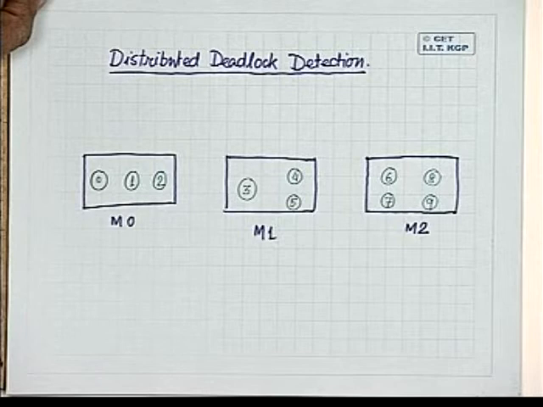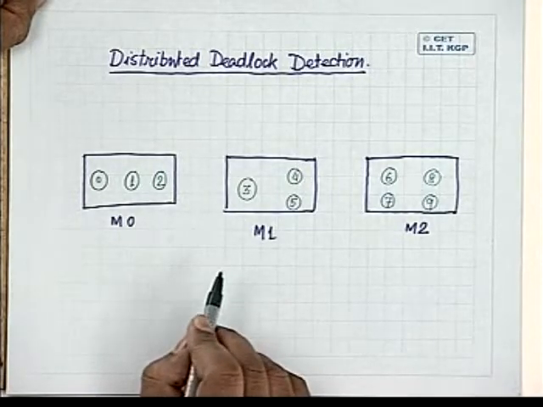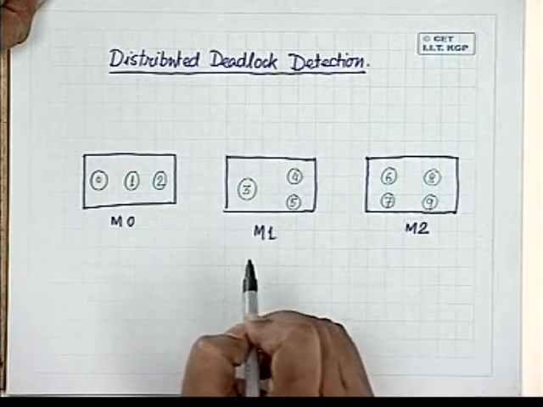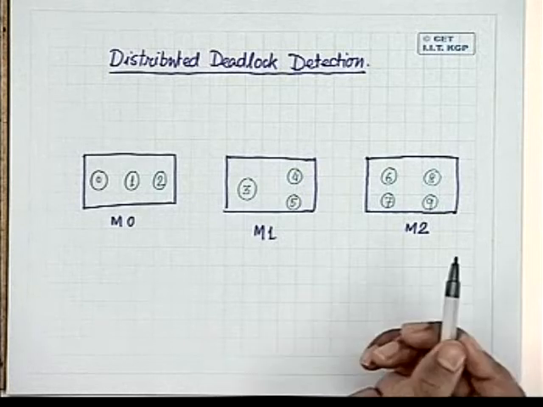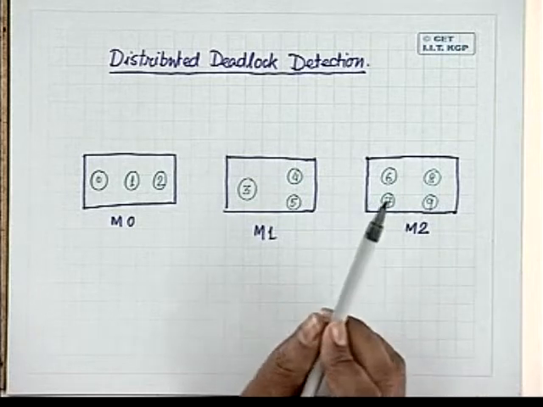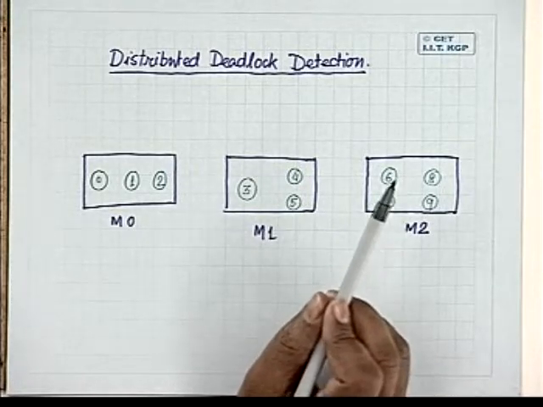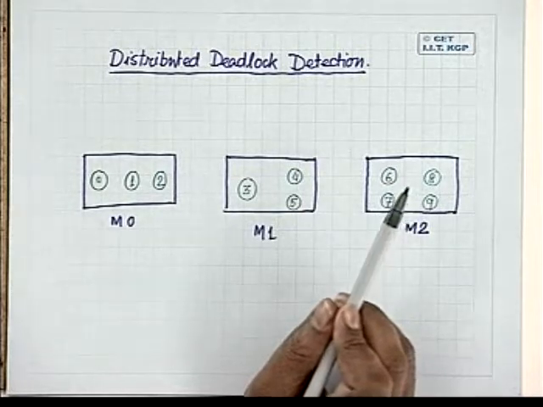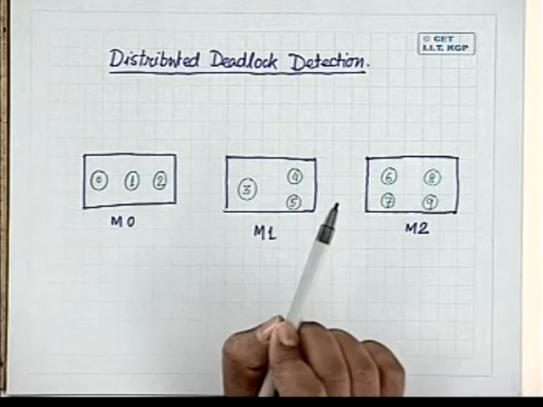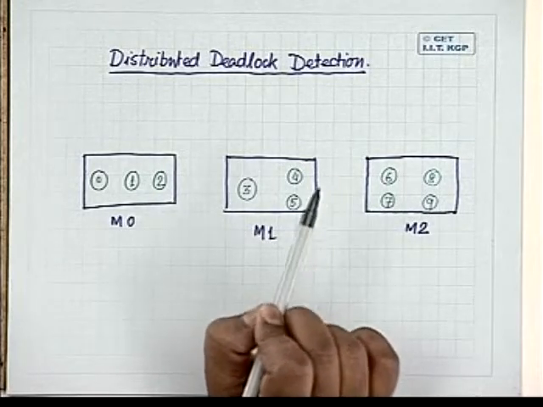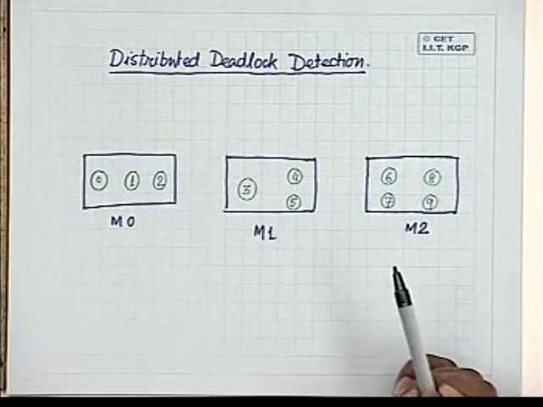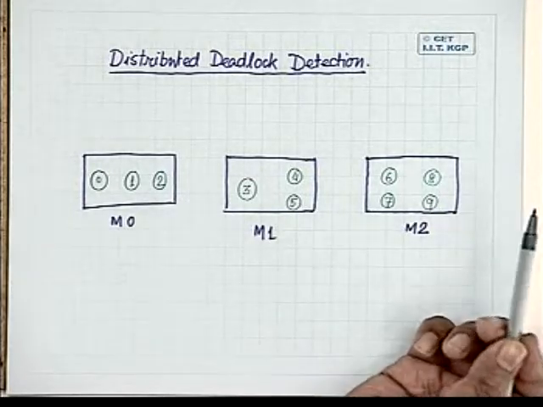Now at a particular instant of time, we can have a situation like this. I am not showing the resource nodes. The graph we'll be using here is a variant of the resource allocation graph, where whenever a process Pi requests a resource Rj allocated to process Pj, it is as if process Pi is waiting for process Pj to release resource Rj.